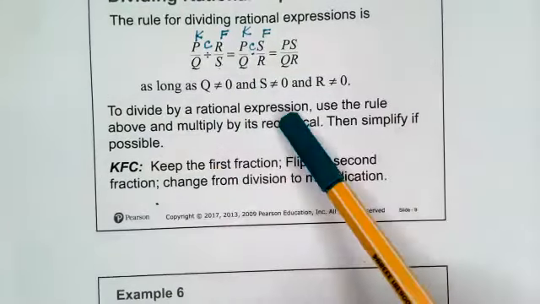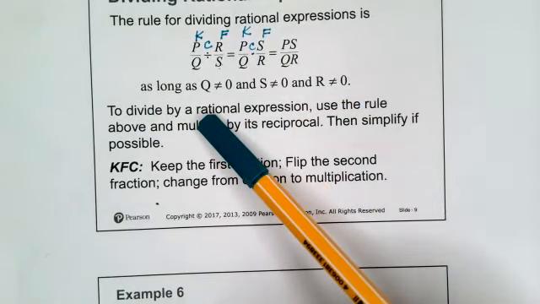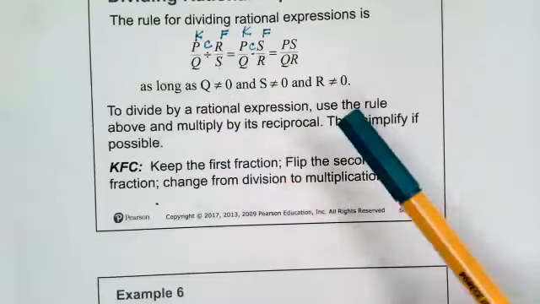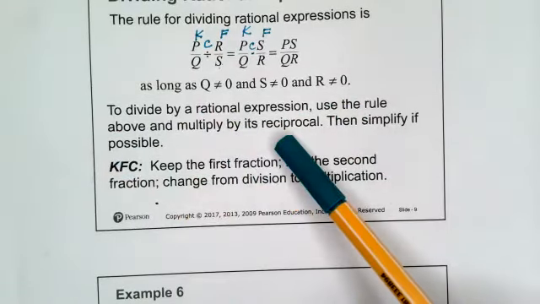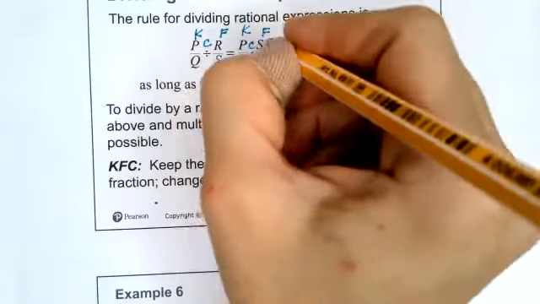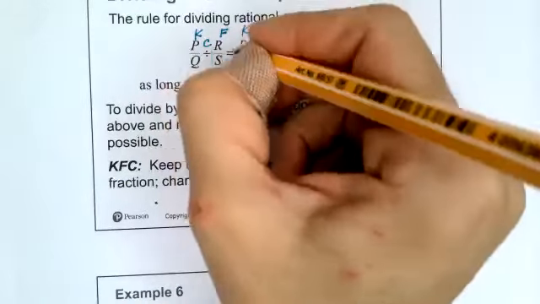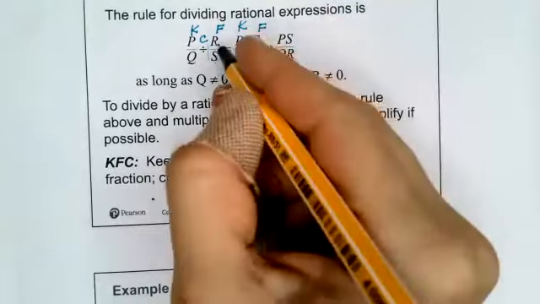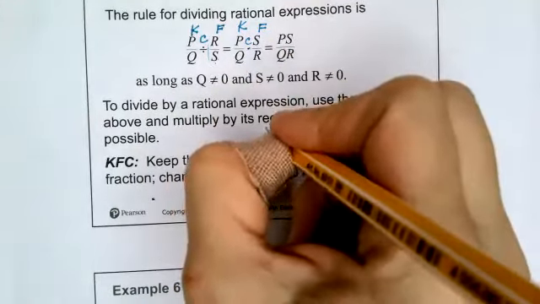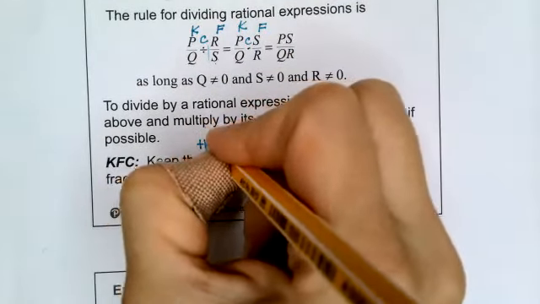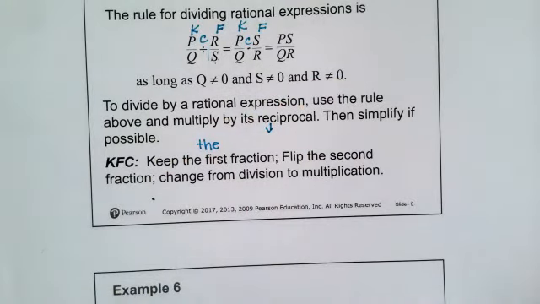To divide by a rational expression, remember, rational just means a division. Use the rule above and multiply by its reciprocal. So when we flipped, we used the reciprocal of R over S. This is just to get you familiar with math vocabulary.